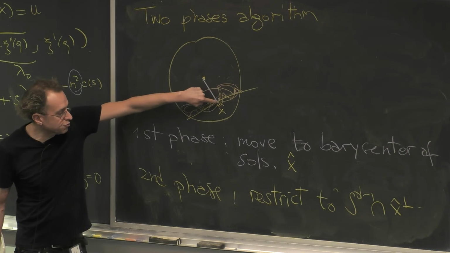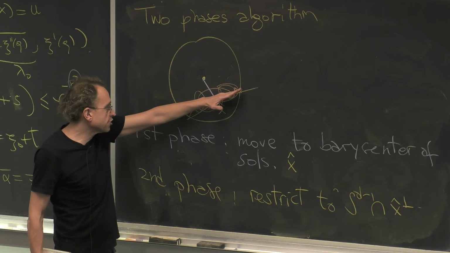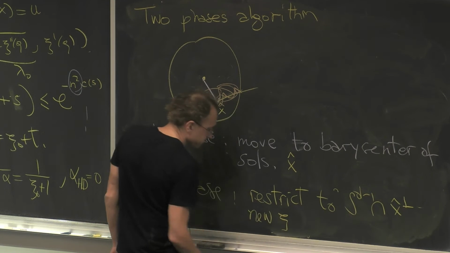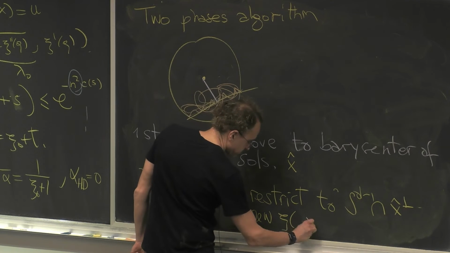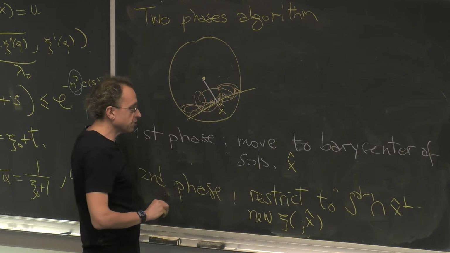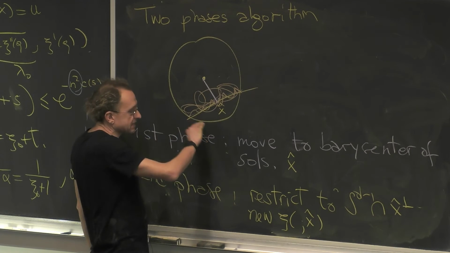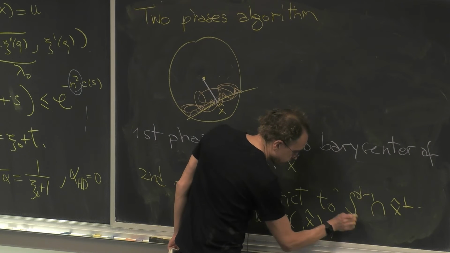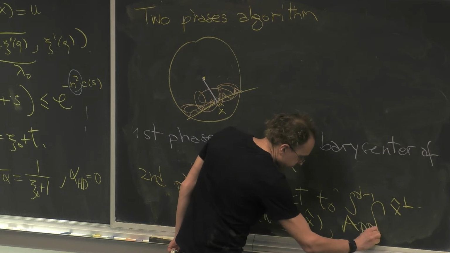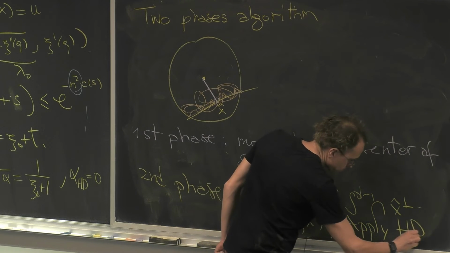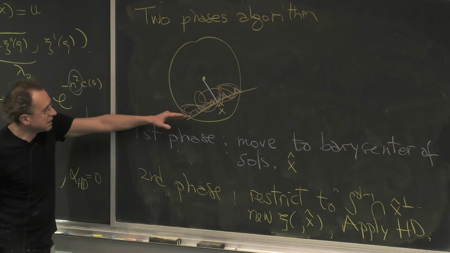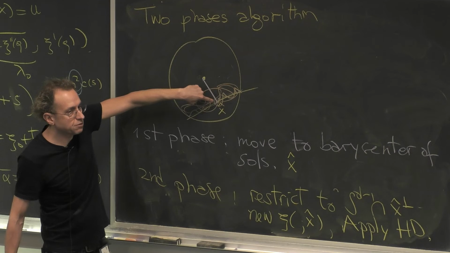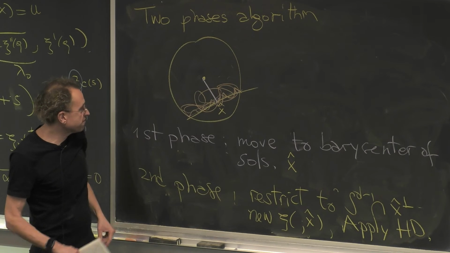If you do this, this will be a new Gaussian process with a new psi. You can describe it with a new psi that depends on x hat, and this new psi will not have first derivative equal to 0. So we apply Hessian descent. So you move to the barycenter, then you restrict to the orthogonal component, and on this orthogonal component we do Hessian descent.